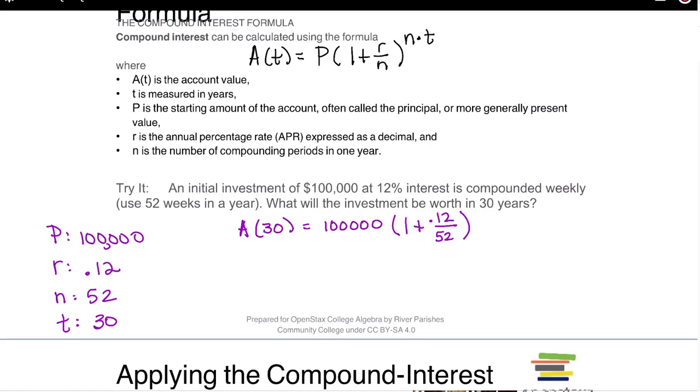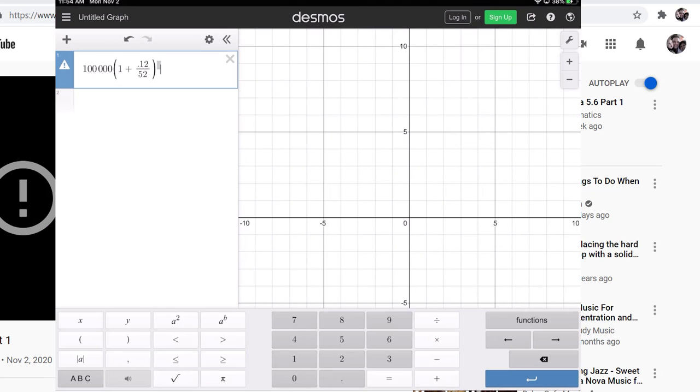Then it's carried to the n, which we just said was 52, times t, the number of years, which is 30. And you can put this whole thing into Desmos. So 100,000, parentheses, 1 plus 0.12 over 52, carried to the, and I'm going to put this in parentheses, 52 times 30.